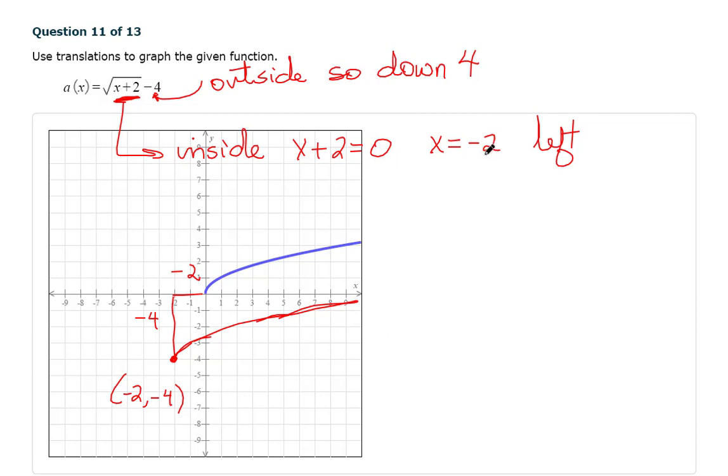So I'm going left by 2, down by 4. All right, so let's see. 0, 0, which is here, left by 2, down by 4. And so the starting point is at minus 2, minus 4, and then it continues its shape. So again, left 2, down by 4.